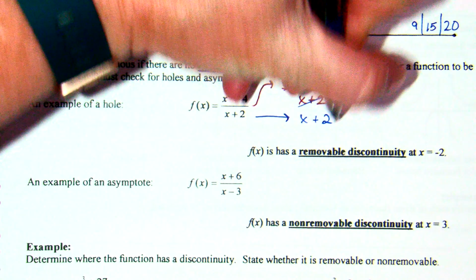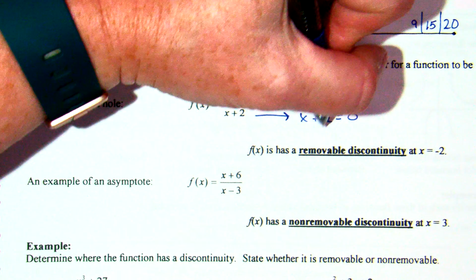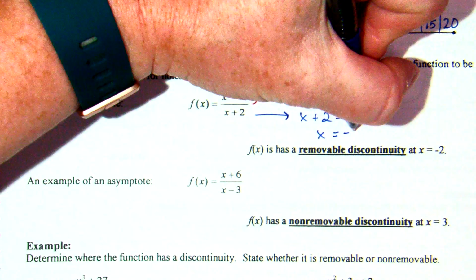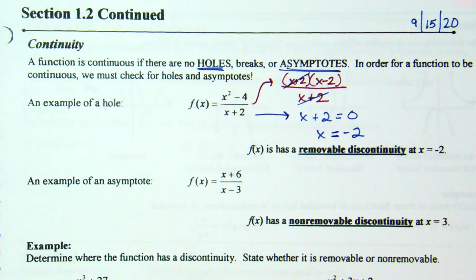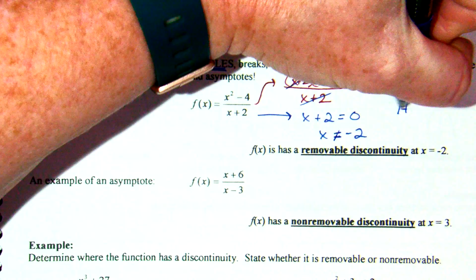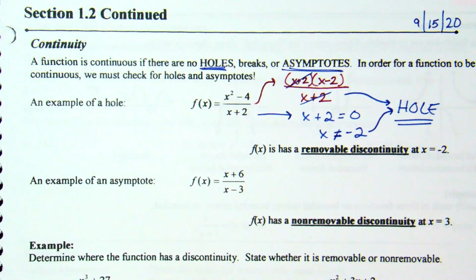So I'm going to set my denominator equal to 0, which is x plus 2 equals 0. If I solve that, we of course want to subtract 2. And then x equals negative 2. Now technically, since that's the denominator, that means x cannot equal negative 2. This is going to be an example of a hole. There's a hole at x equals negative 2.